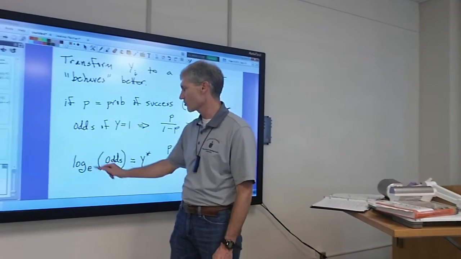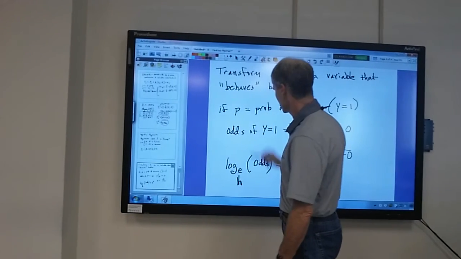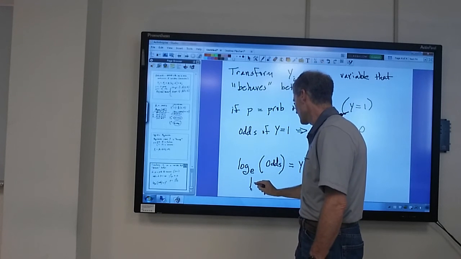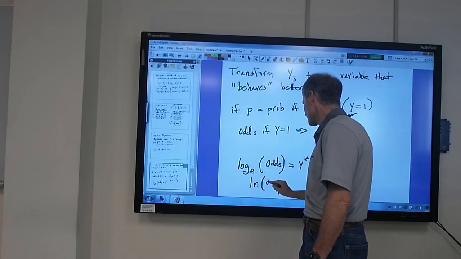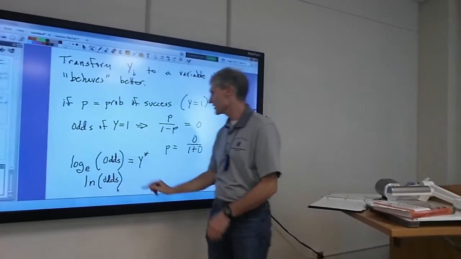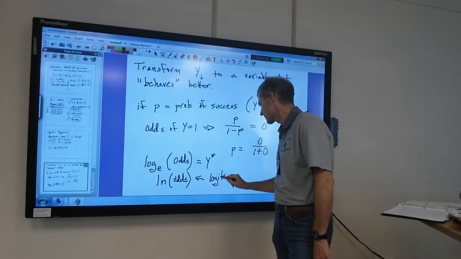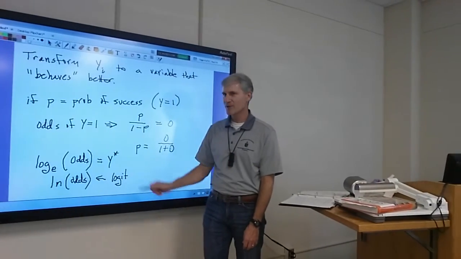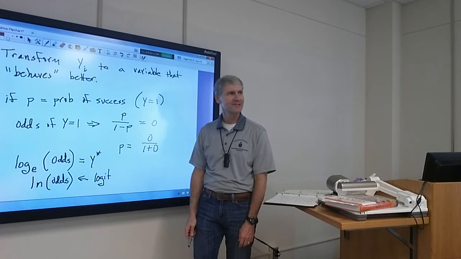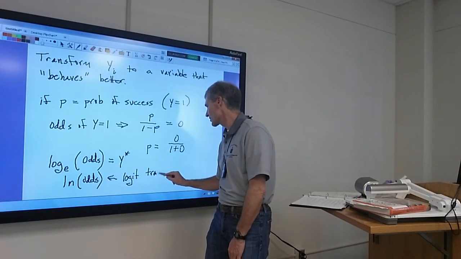So we don't typically write log base e, we write ln, ln odds. So log odds. And that's called the logit transformation. Logit. And I have no idea where that word comes from because I never remember to go look it up. But it looks to me like, just log it. There you go. That's the logit transformation.